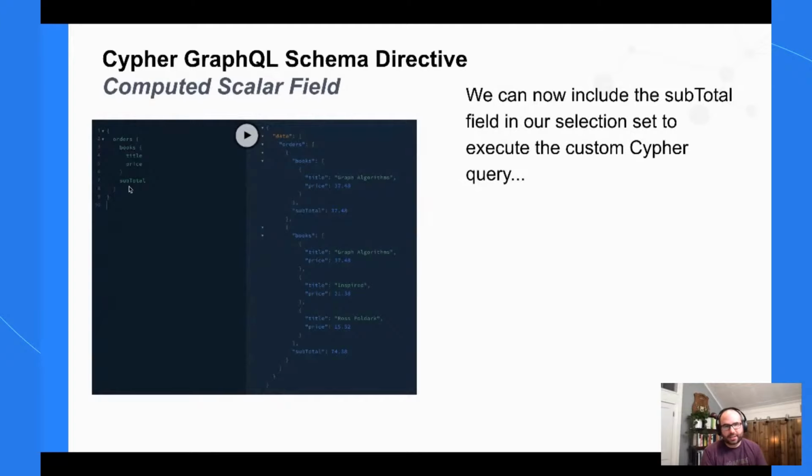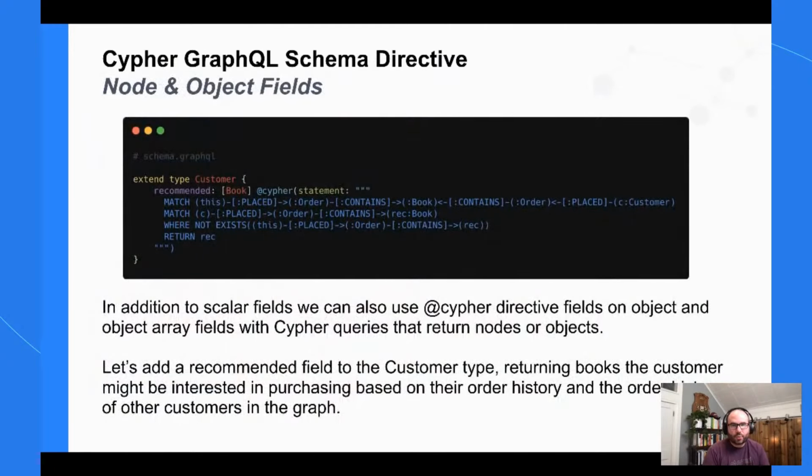And then I can include that in my selection set as normal, and I get that field back. It's important to point out here that the client of the API doesn't really have any idea that this is a Cypher directive field. So it's opaque to the client of the API that this is a special computed field, which is quite nice.